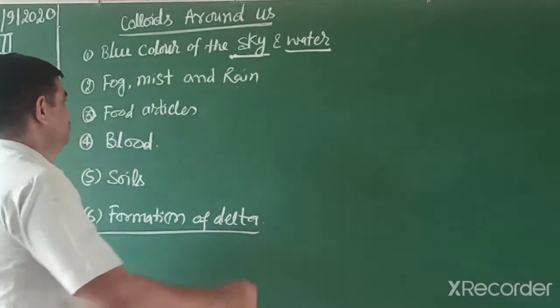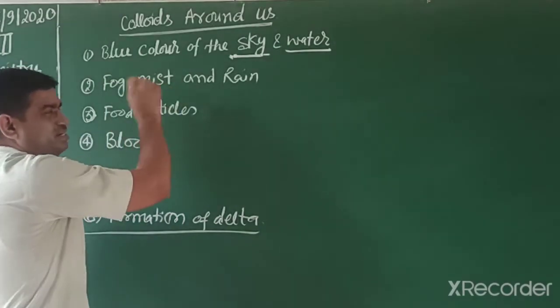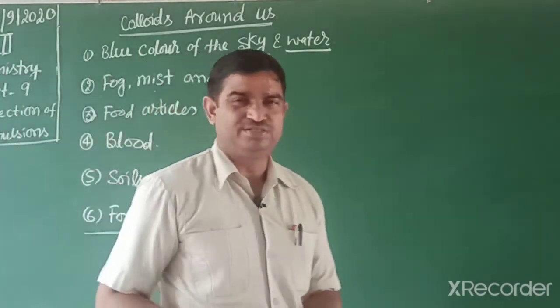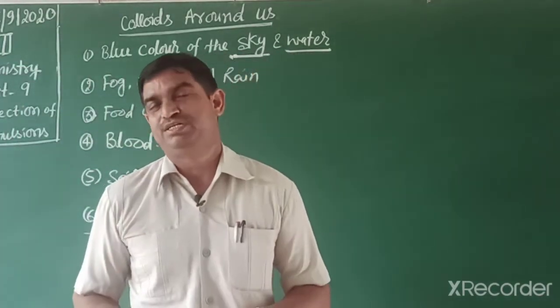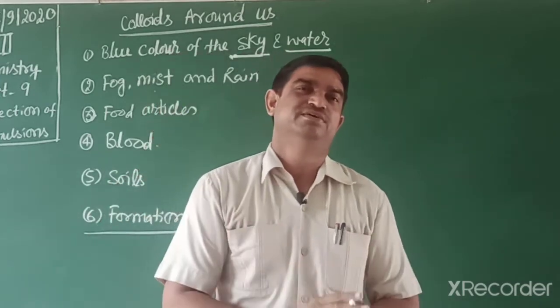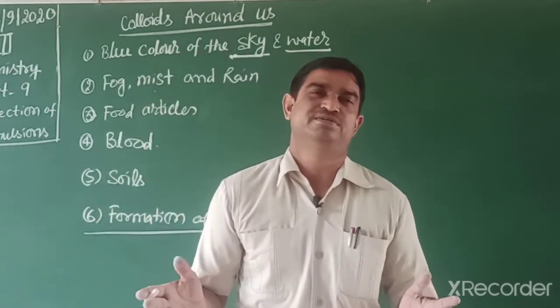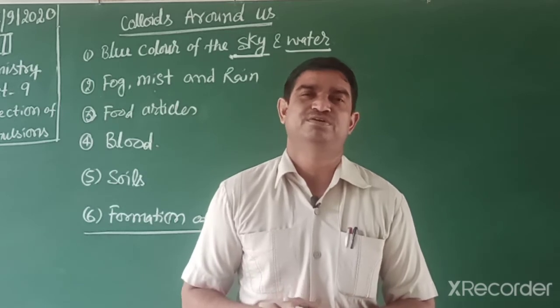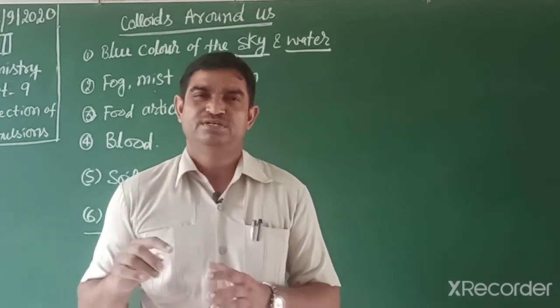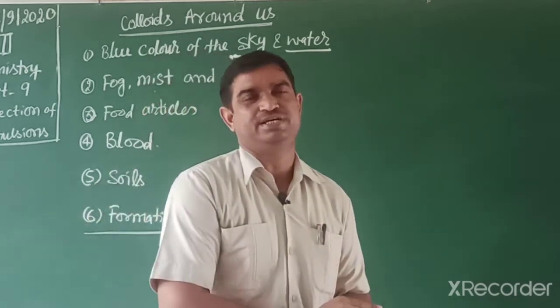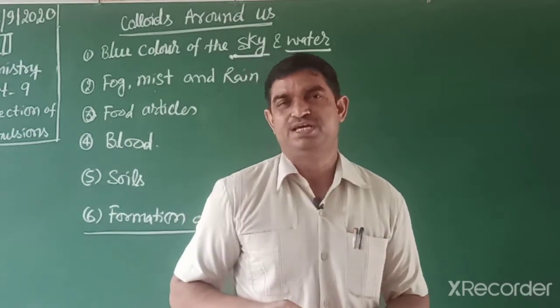Another example is fog, mist and rain. In the winter season, in the morning, students, we see a dense area in which there are fogs. What happens? Because of the moisture available, liquid is dispersed in air. That is an example of aerosol.